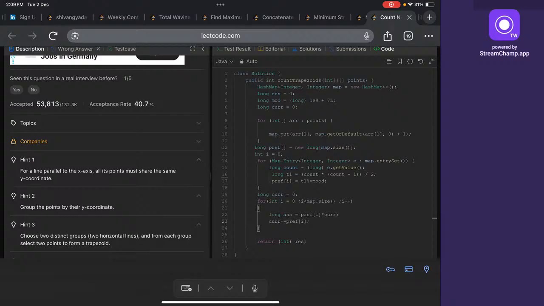I don't need to redeclare, I'm redeclaring current here, and take the mod, so result equal to mod, and this should work now.